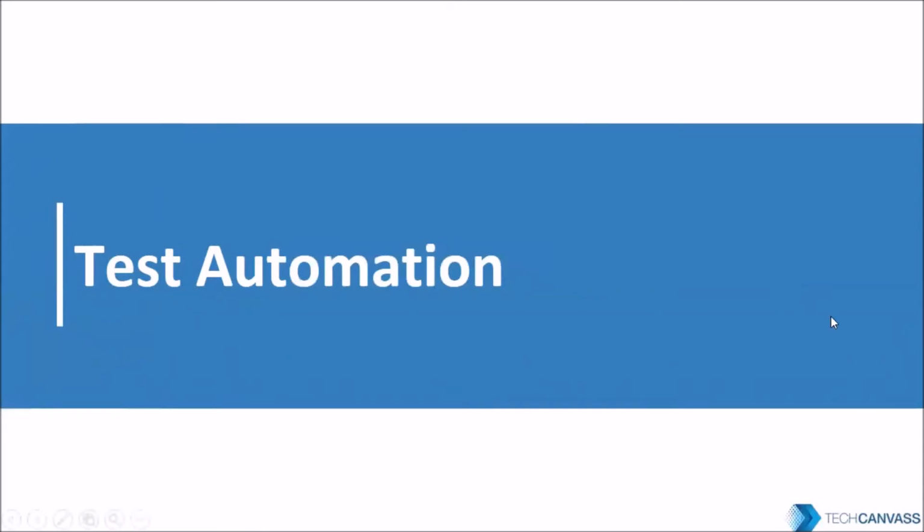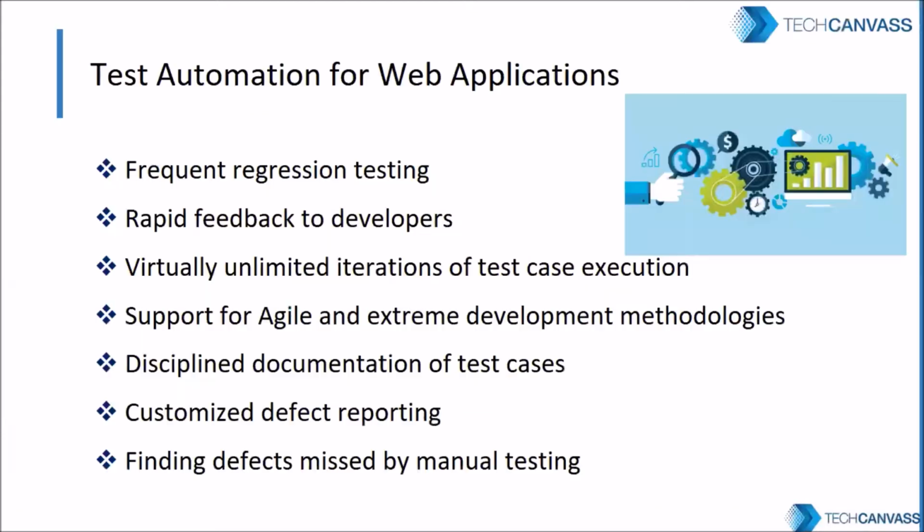We know that Selenium is a test automation tool designed to test web applications and websites. Anything that can be launched on a browser can be automated using Selenium. So let us see what actually is test automation. Selenium supports test automation for web applications and websites.